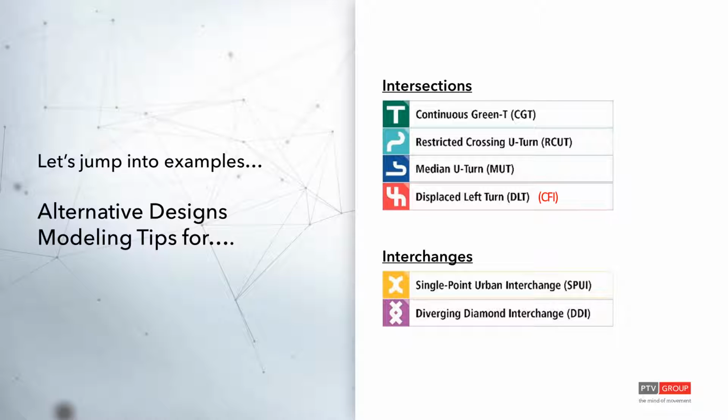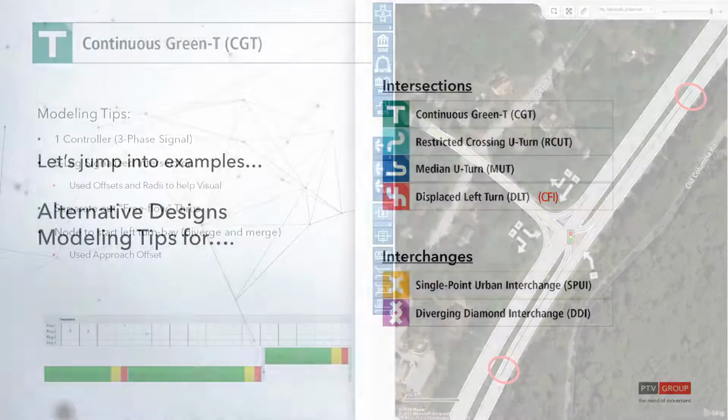So let's jump into the examples of how we can apply the tips and tricks that I've just specified in the last section. These are the examples that we're going to go through just for a highlight. We're going to start with the green T intersection.